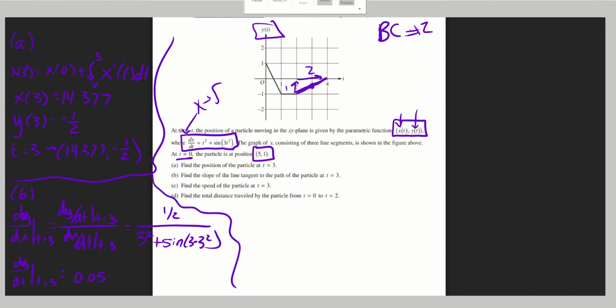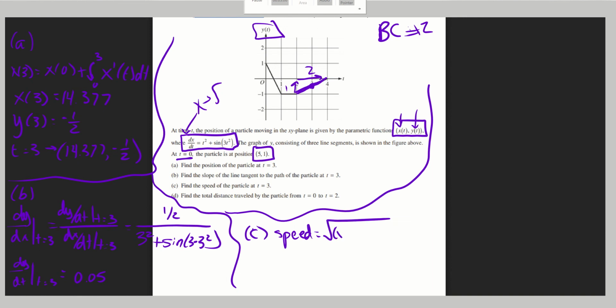Part C, we are trying to find the speed of the particle. Speed is one of those equations that we talked about right before we were out of school. So the speed equation is x prime at 3 squared plus y prime of 3 squared.